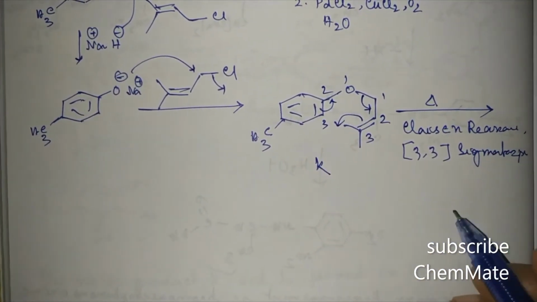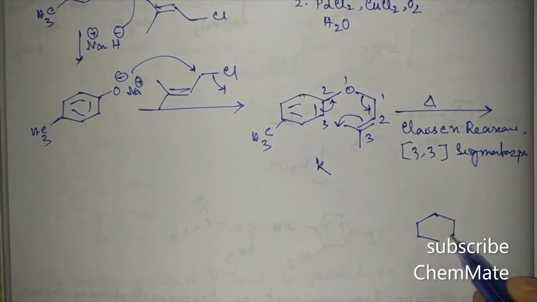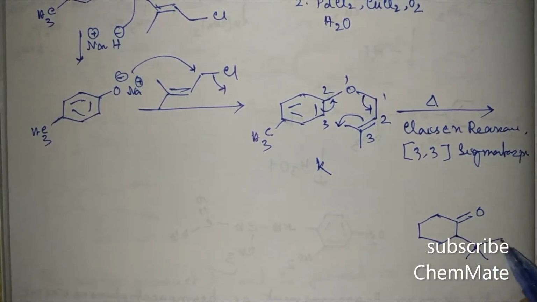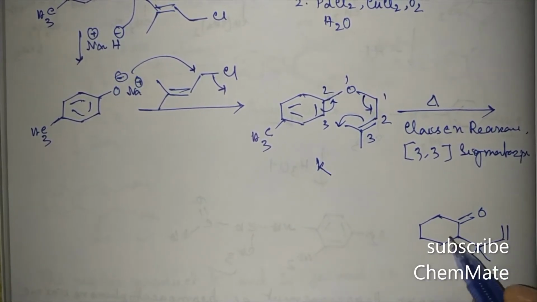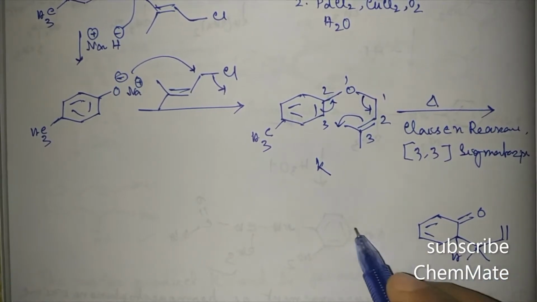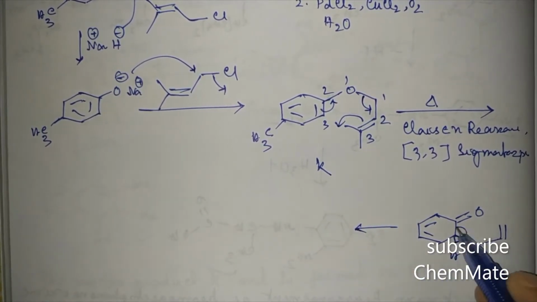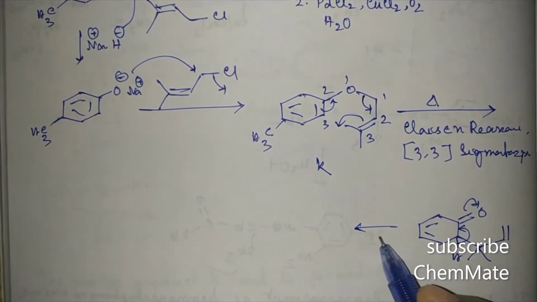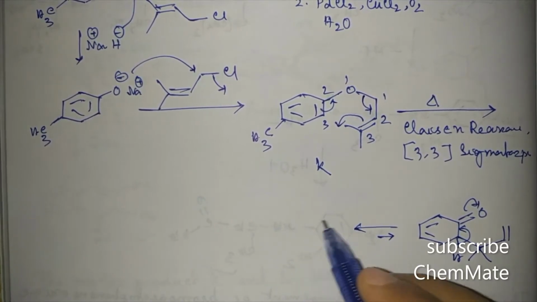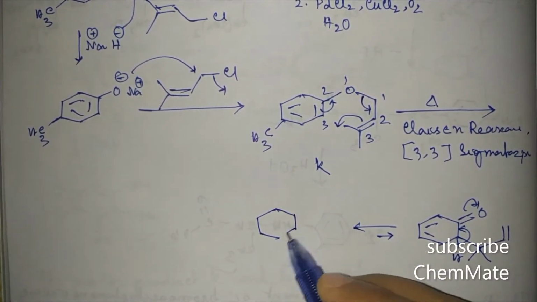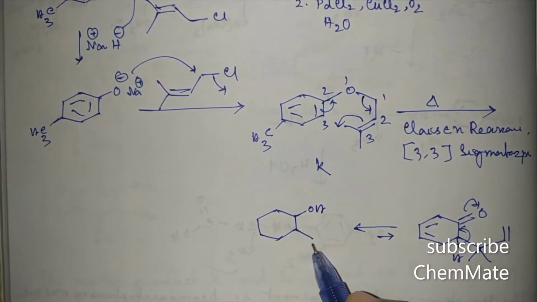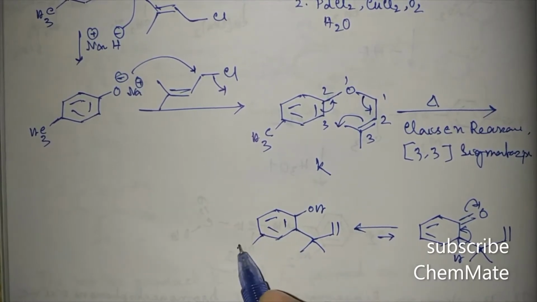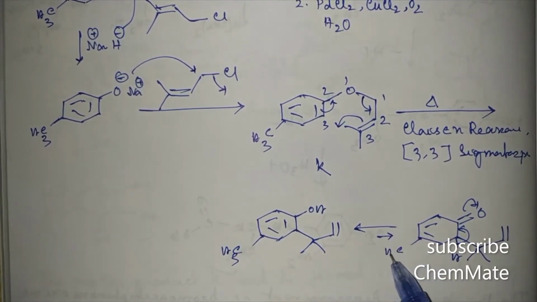So the product will be, this will be double bond O, and here the hydrogen. Now it will undergo aromatization via keto-enol tautomerization. So the product will be, here will be a CH3.